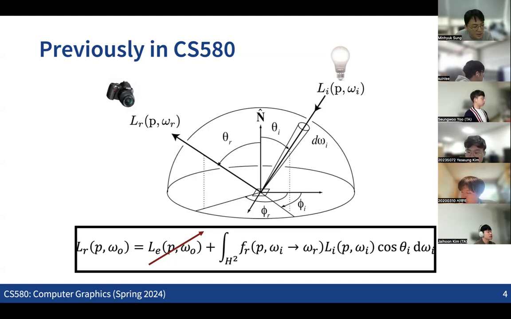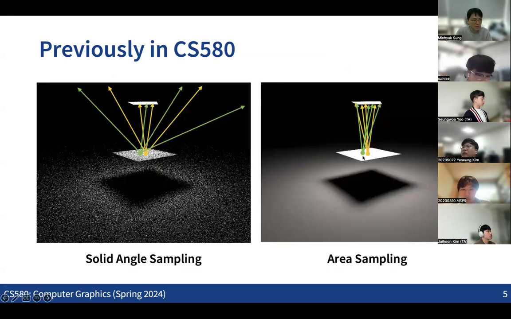So this is overall about computing an integral. And here the basic idea is how we can apply the Monte Carlo estimator to compute this. We have also seen two different cases for computing this integral. The first was sampling the solid angles, and the other was sampling the points over the area, when we assume that the light source is given as an area light.